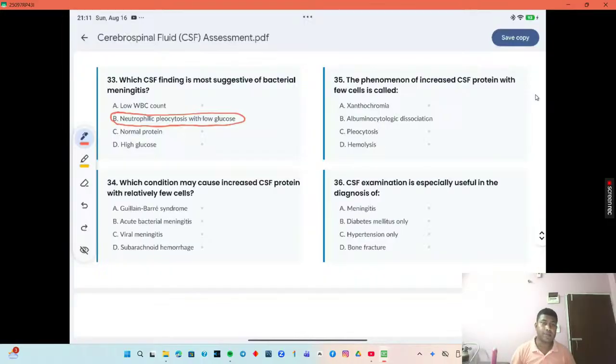Now I will move to the next question. Which condition may cause increased CSF protein with relatively few cells?